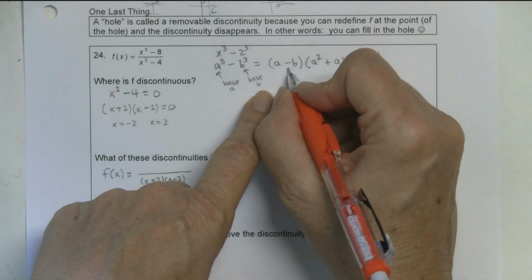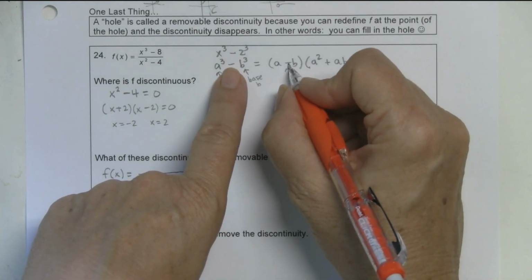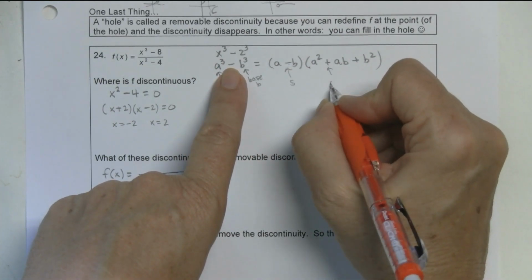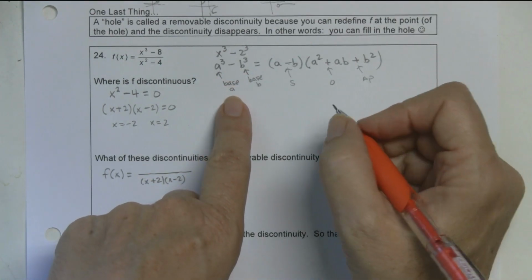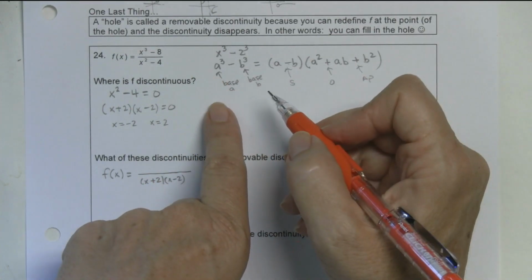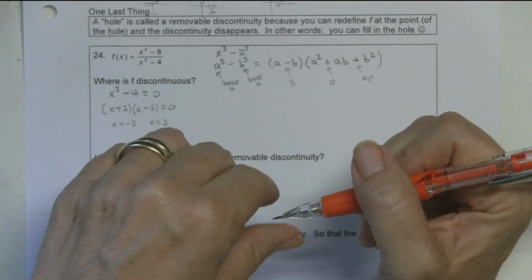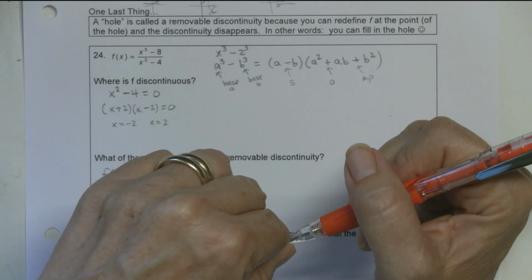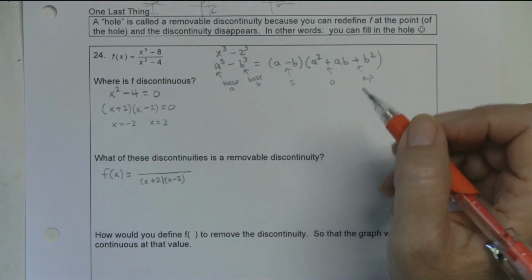And then the signs go SOAP. Opposite, same as I started with, opposite, always positive. So I sing the song when I have a difference of cubes. Finger over threes, write what you see, square, multiply, square, SOAP. That's my song, and I can factor it from that little song.